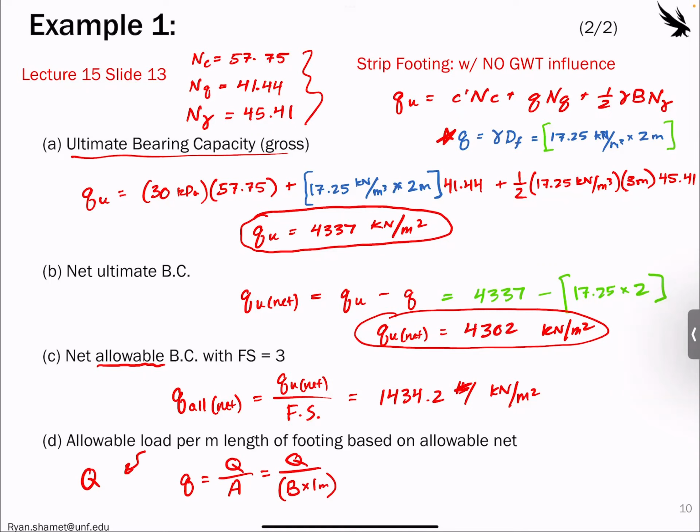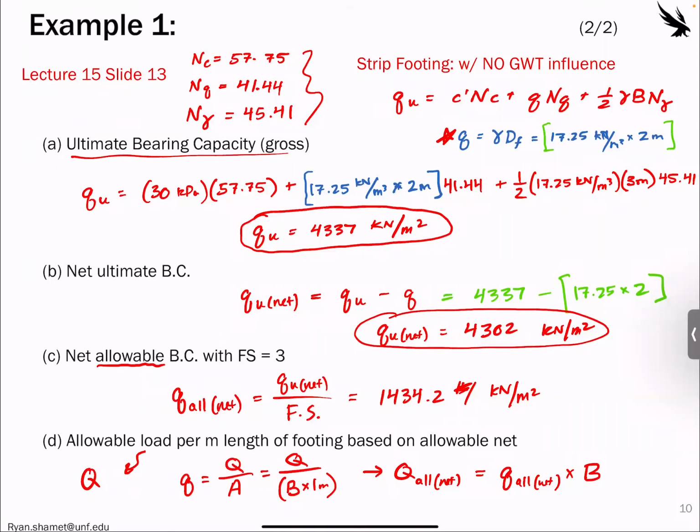So in order to find that, the Q allowable, I guess it's net allowable, we would just multiply our Q allowable, lowercase q, times the base, or 3 meters.